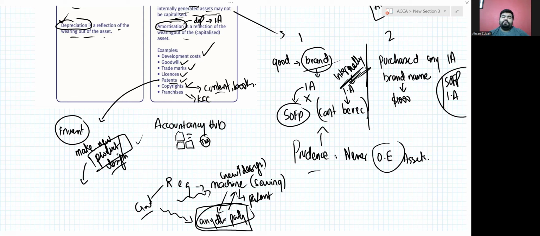This complete franchise that you have purchased, as a whole, may have the building and all that. That's not an intangible asset.